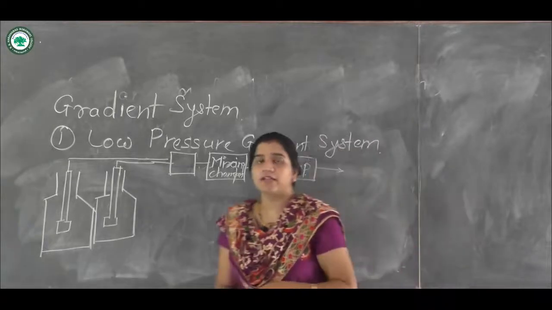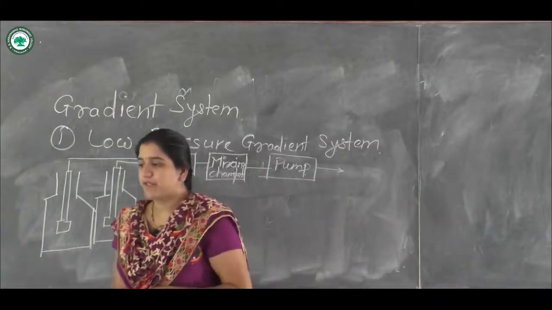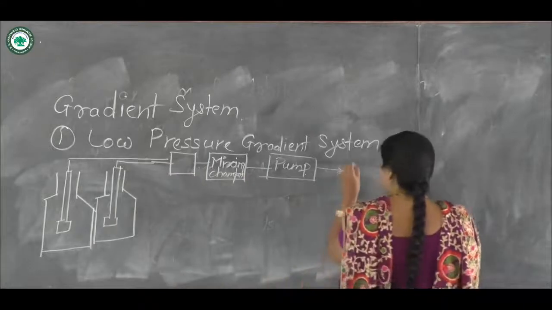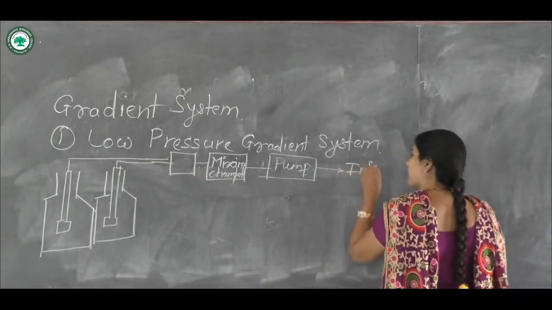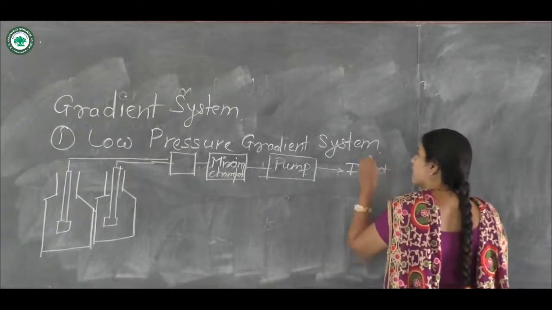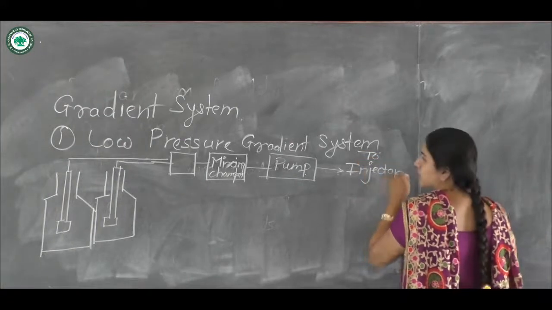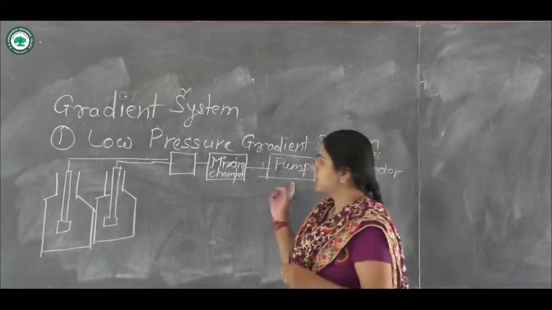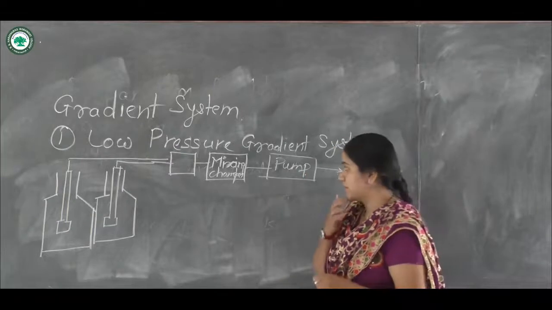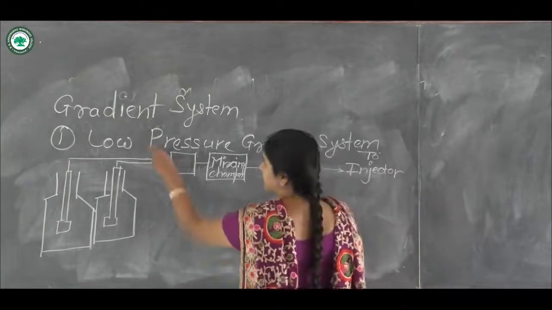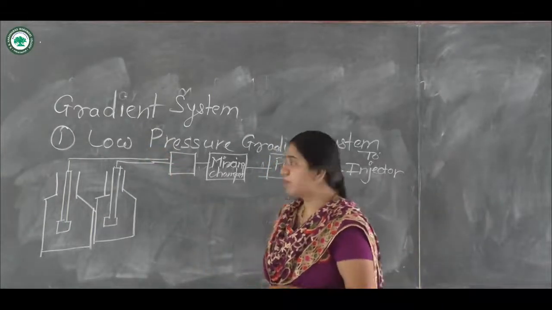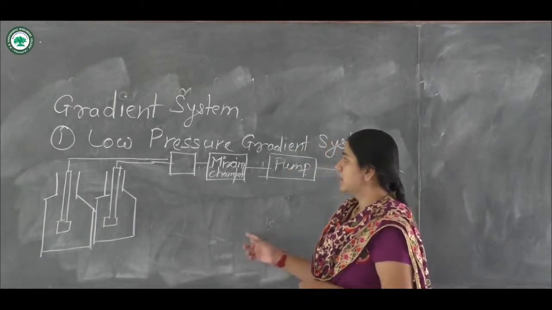And after finally passing through the pump, it goes to the injector unit. In this, only a single pump is used, and this is the diagrammatic representation of the low pressure gradient system.